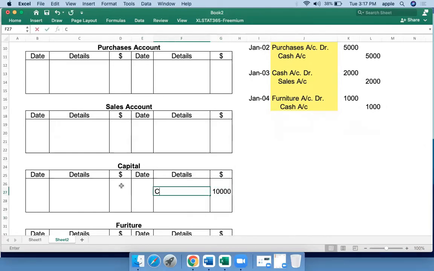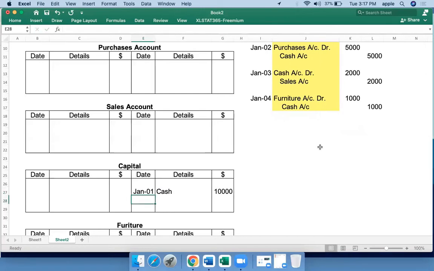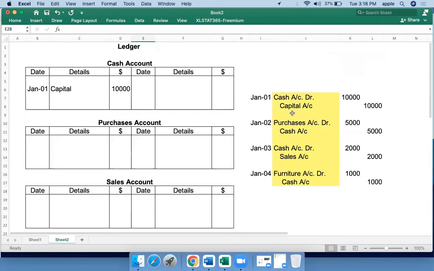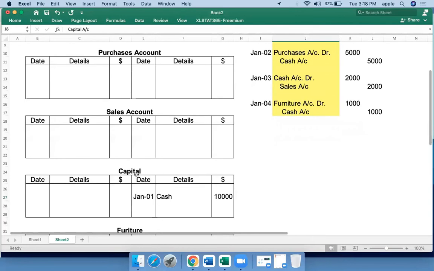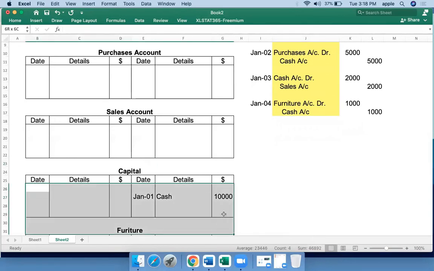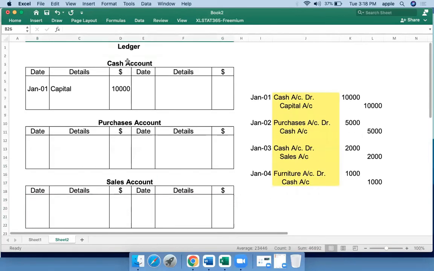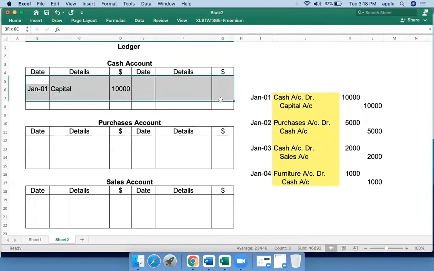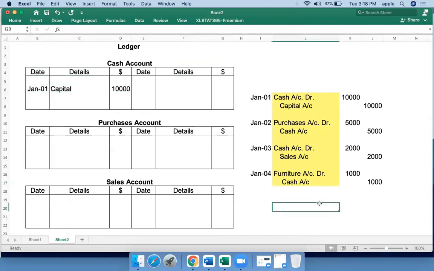And the name of the opposite account is cash. Jan 1st. Understood? Always we will write the opposite name. Remember this: in the capital account, I will never write capital. In the cash account, I will never write cash in the detail column. So the first entry is completely posted.